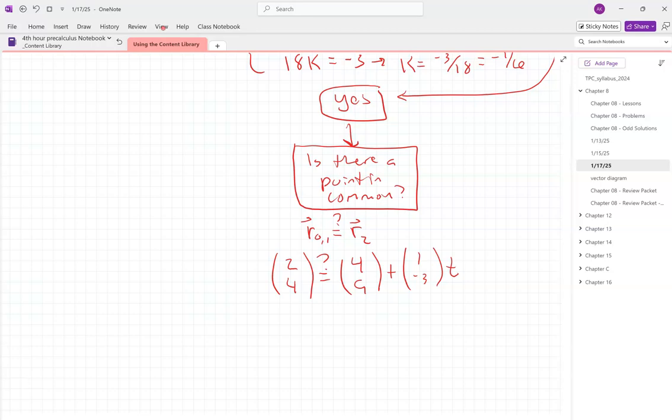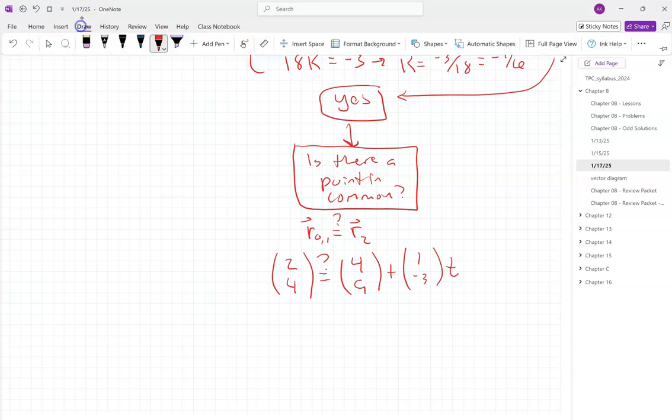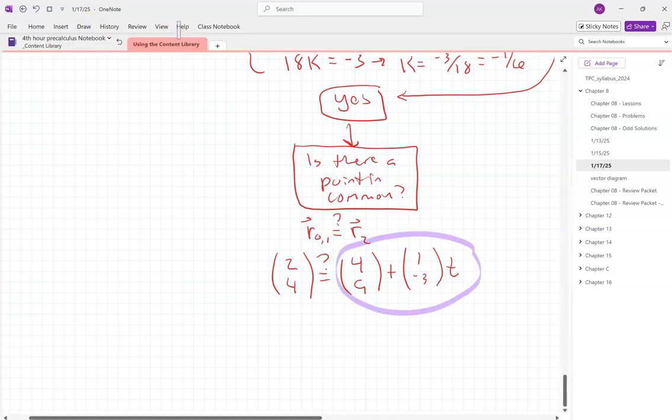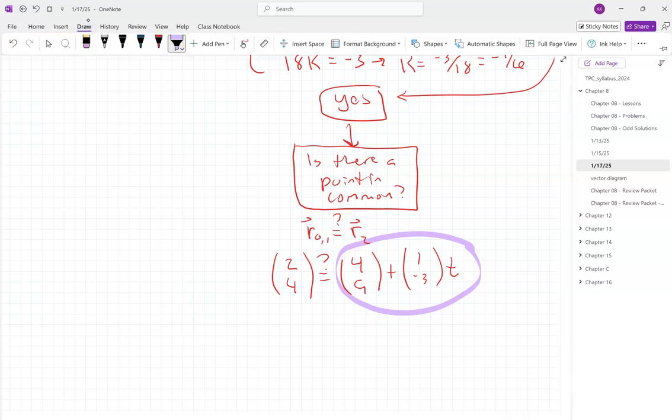Everybody good as to how I got that vector equation? I'm going to simplify this side. Well, actually, no, I'm just going to write it as a system. So this tells me 2 equals 4 plus 1t.